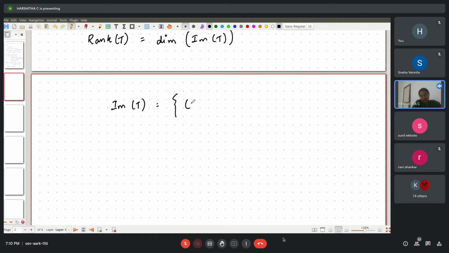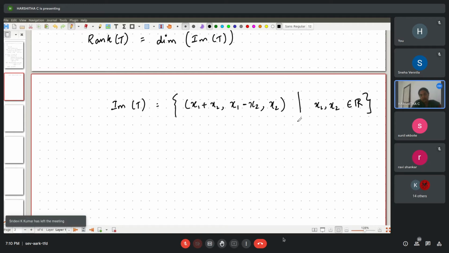It is nothing but everything of this form, x1 plus x2, x1 minus x2, x2, where x1, x2 are real numbers. So we want to see what is the dimension of this space.